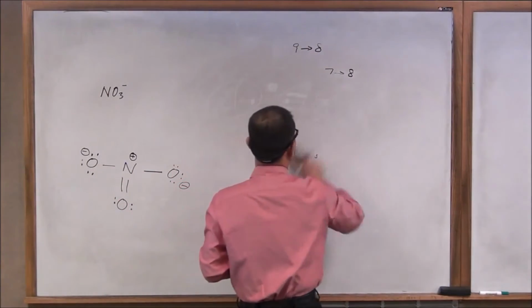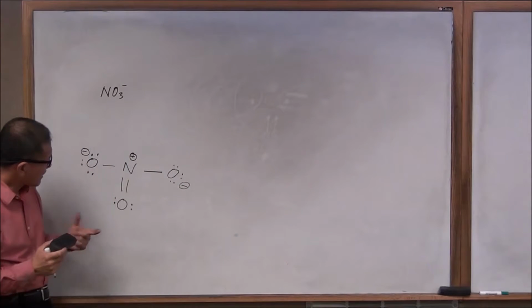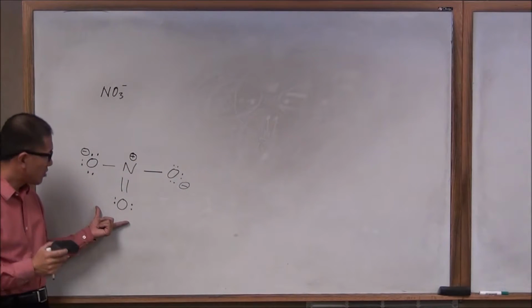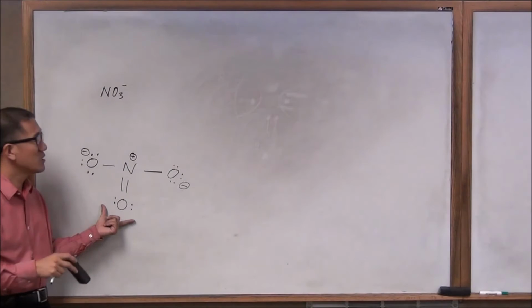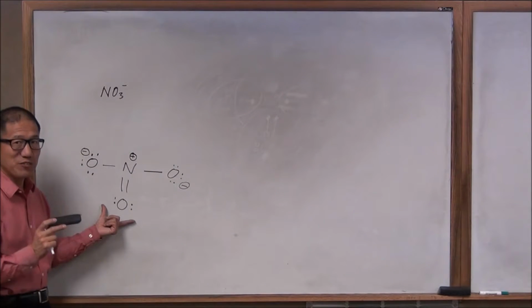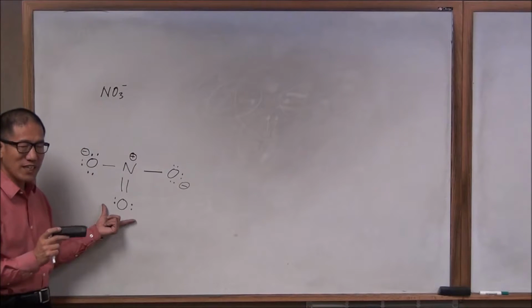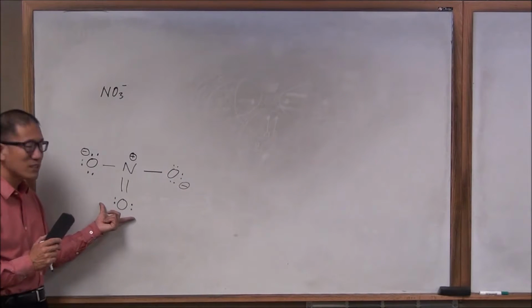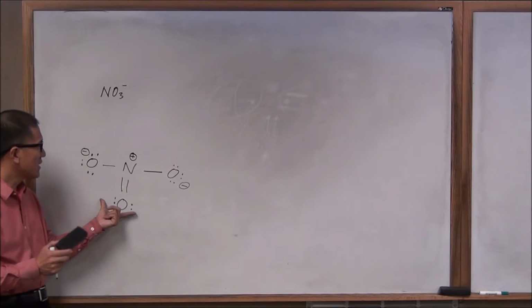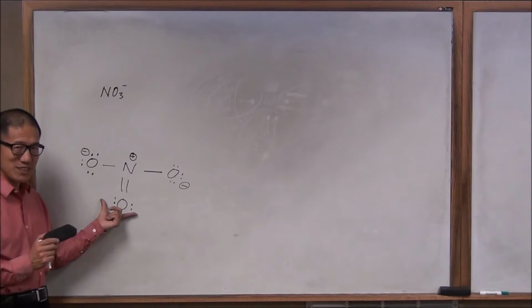Let's erase the messy work. And then after we get the first Lewis structure for this one, we always have to check: do you have any double bond or triple bond? If you do, you will try to see if you get any resonance structures. If you get the first Lewis structure, finding the resonance structure will be relatively easy.